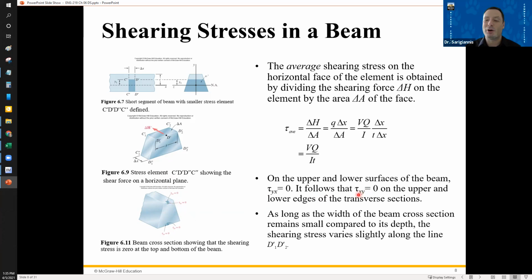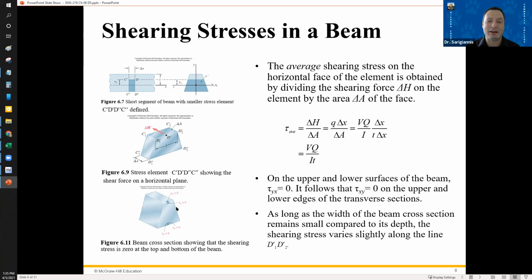This one you have to sort of squint to see. This is right on the incremental upper and lower edges, right at the start, so it's a very, very tiny area. One assumption here is that the width of the beam cross-section remains small compared to the depth.